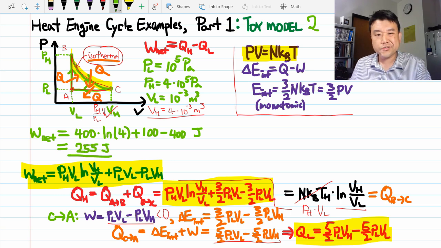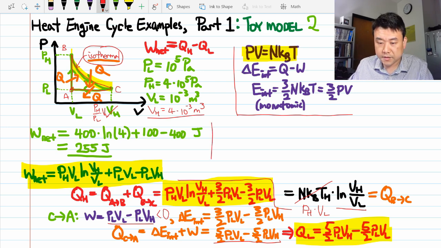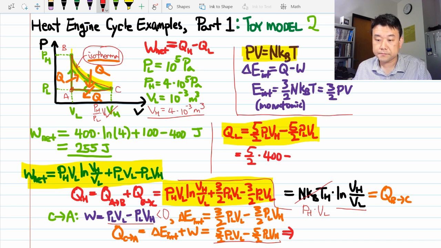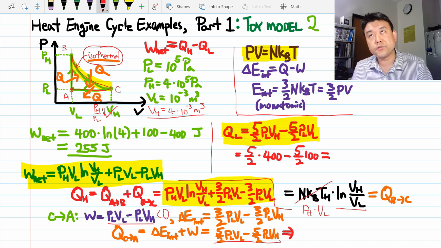Huh, that's interesting. Alright, let's calculate the heat expelled from the system. Let me move this so that there's room to write numbers. So plugging in the numbers, 5 halves PLVH, or 400 joules, minus 5 halves PLVL, or 100 joules. That's equal to 300 divided by 2, 150 times 5, 750.